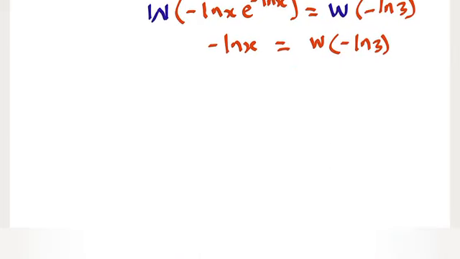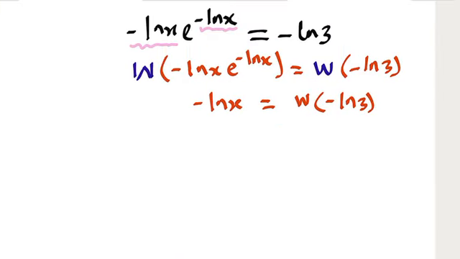Alright, the next thing we're going to do is, now we see that this minus ln of x, we can write it as ln of x to the power of minus 1, when this minus 1 becomes the power of x. So we have ln of x to the power of minus 1 equals W of minus ln of 3.